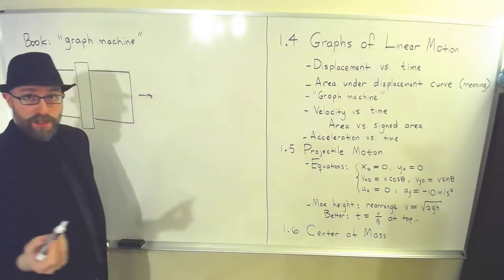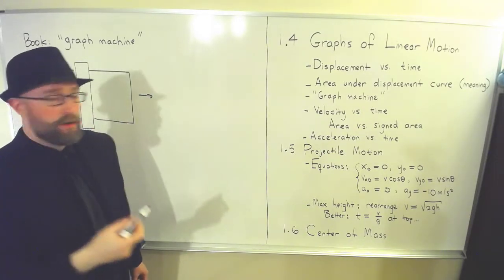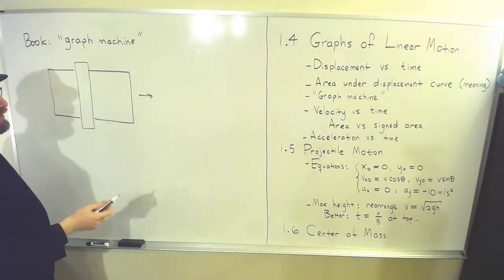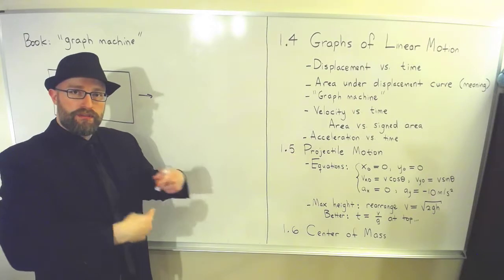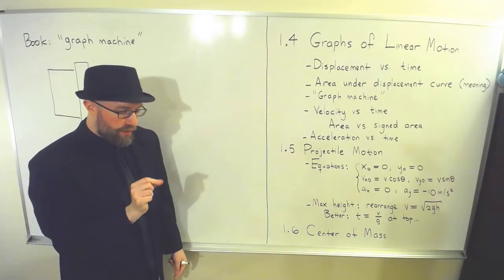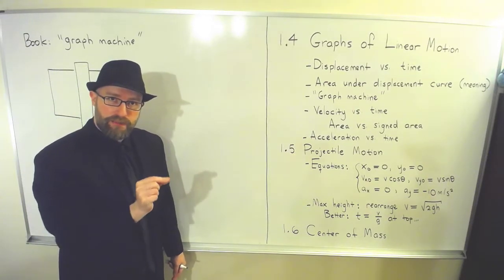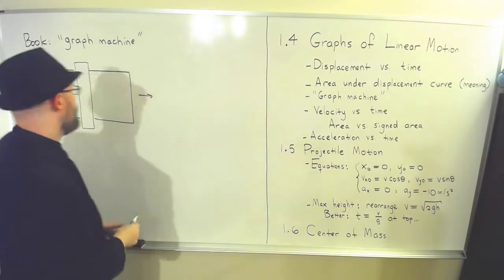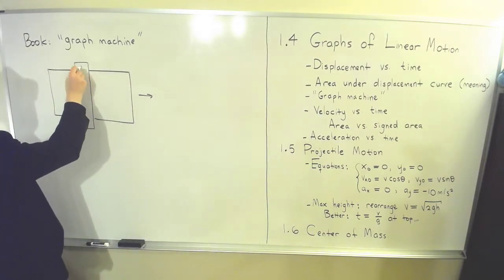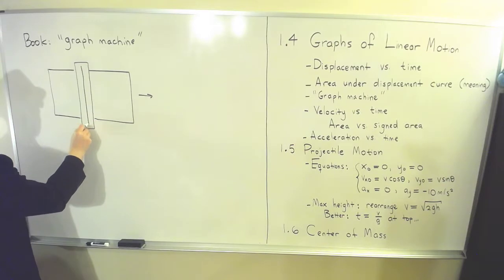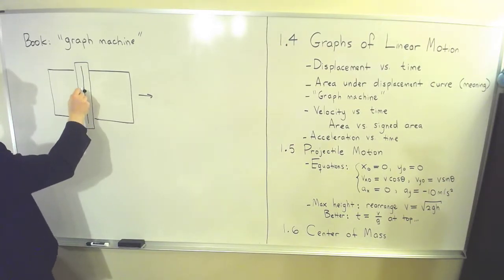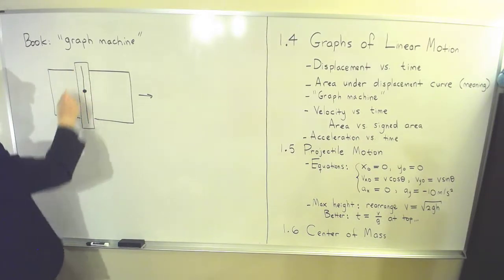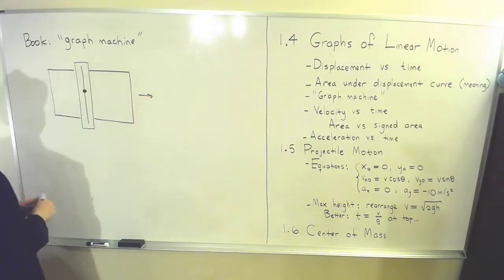Seismographs for earthquakes actually work in a similar way. You may have seen this roll of paper that's rolling through, and the little pen on the seismograph goes back and forth, and it makes this sort of jagged line. But here what you imagine is that there's just this kind of slider, and there's this point on the slider, and the point can move up and down as the paper is pulled through.